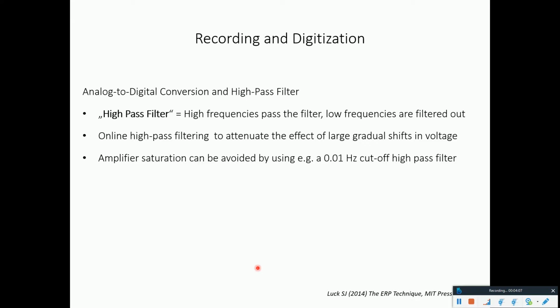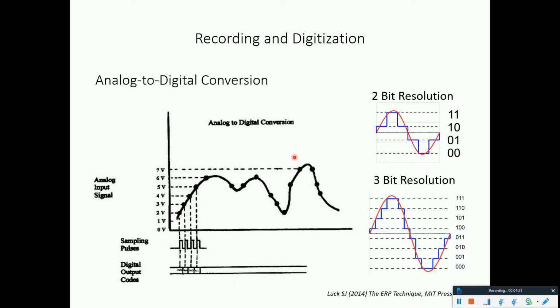So the problem is if the signal drifts all the time, and you have a resolution which is sensitive to certain values only. Now if the signal gets larger and larger because there is some low frequency drift, then you might exceed the range of allowed digital representations fairly soon.